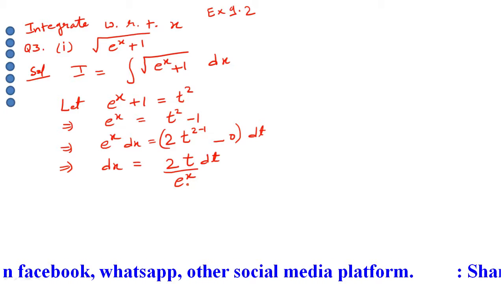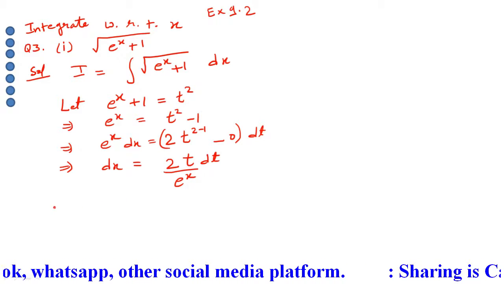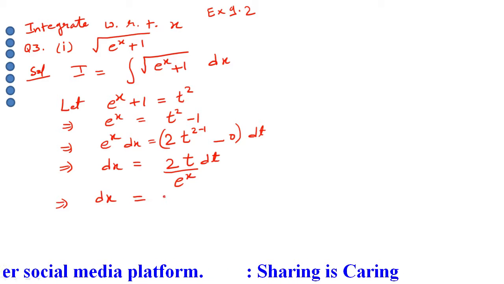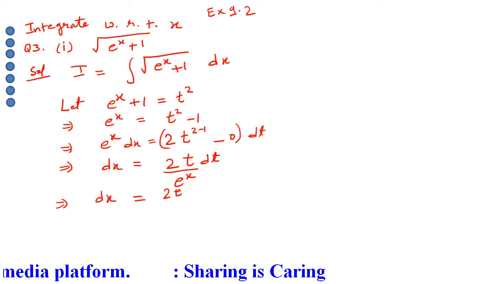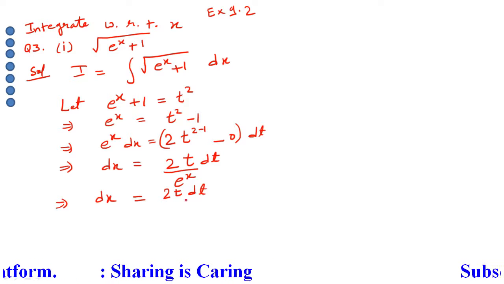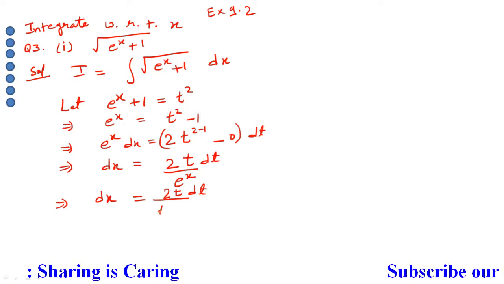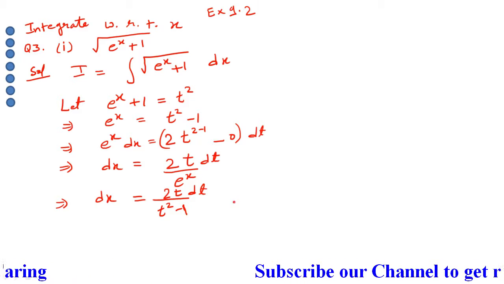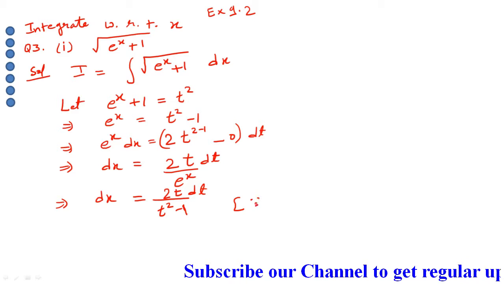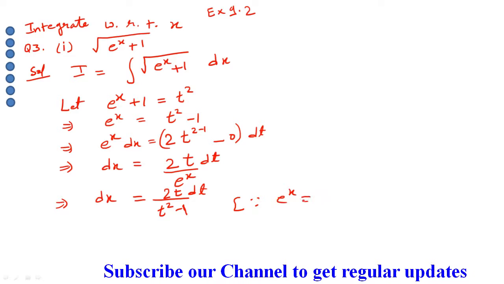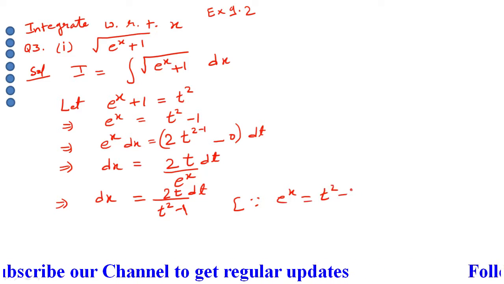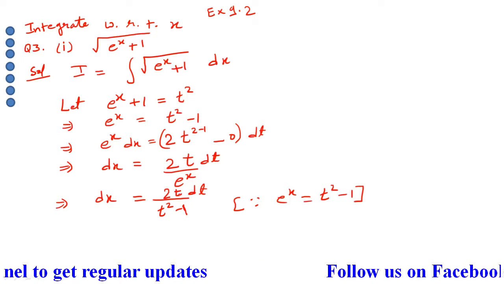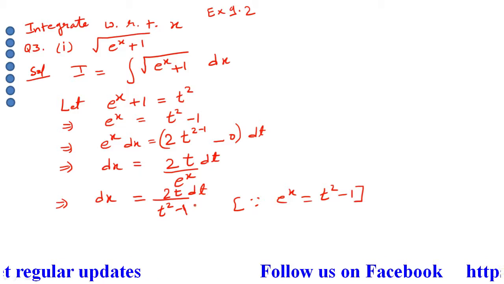That's why we write dx is equal to 2 multiplied by t, then dt divided by t square minus 1, because e to the power x is t square minus 1. So we can see that dx is completely obtained in terms of t.